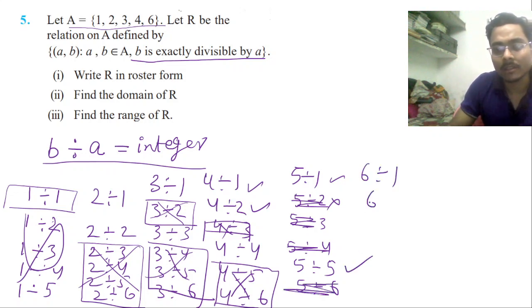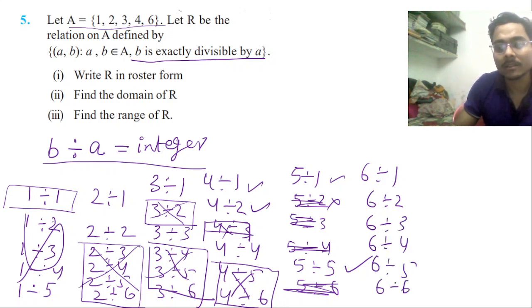6 divided by 1, 6 divided by 2, 6 divided by 3, 6 divided by 4, 6 divided by 5, 6 divided by 6. Possible, possible, possible, not, sorry, possible, not possible, not possible.